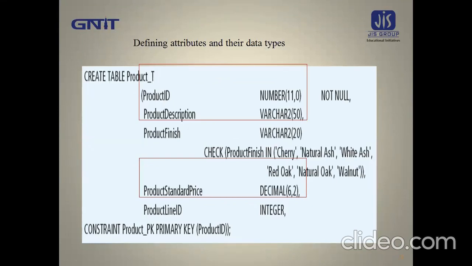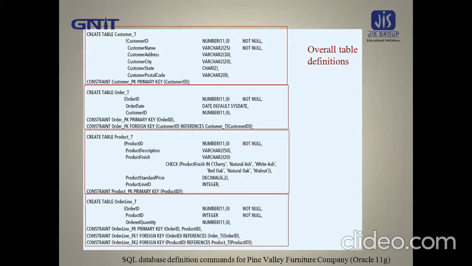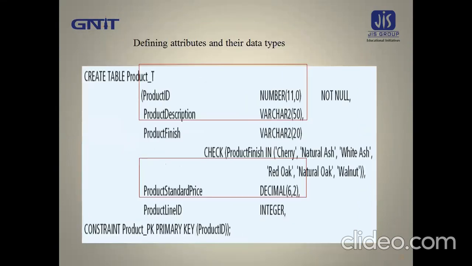Here we can see how we need to define attributes and their data types, like for the first table, the table named product. Here we have 3 items: product ID, product description, and product finish. Product ID is number, product description is varchar2, that is variable character.